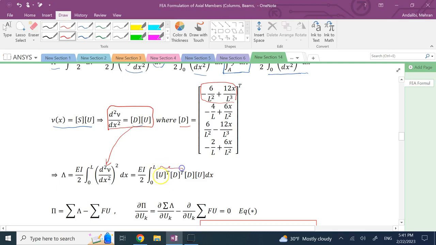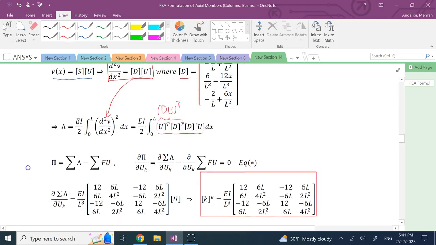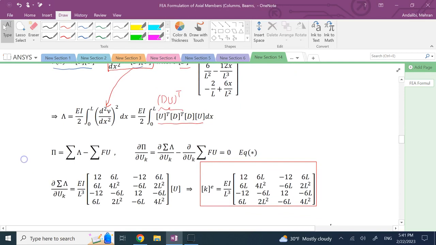So this is transpose of d times u, I multiplied by du, that is like du squared. And so I need to carry this integration here, where u's are constants, D transpose D is the function of X that you need to integrate, right? And I can do that one.